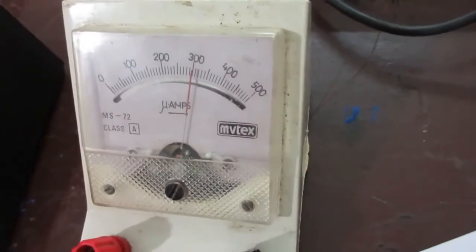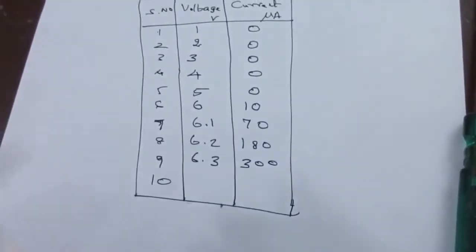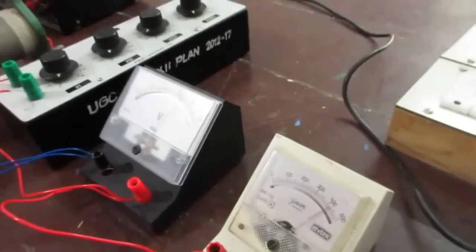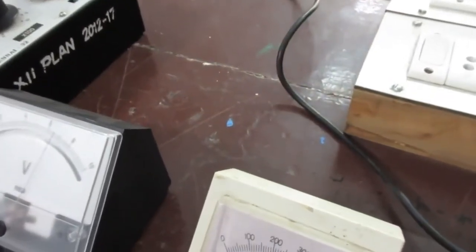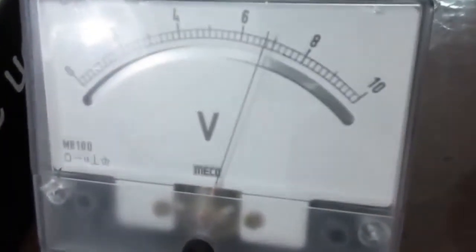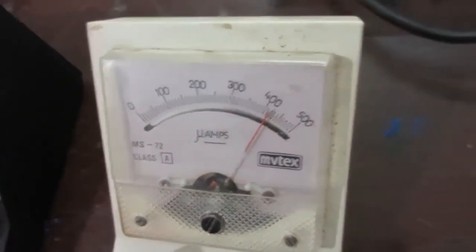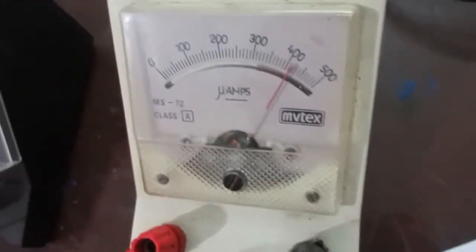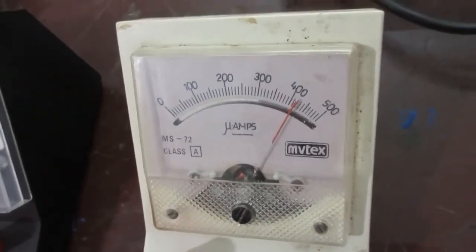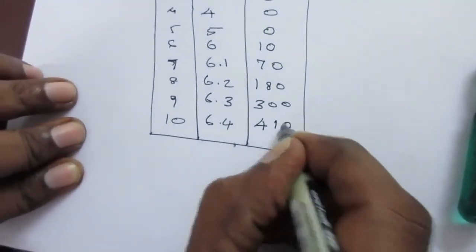The current is 300 microamps. Let us increase it further. It is made 6.4. The current is something like 400, between 410 and 420, so let me take it as 410.